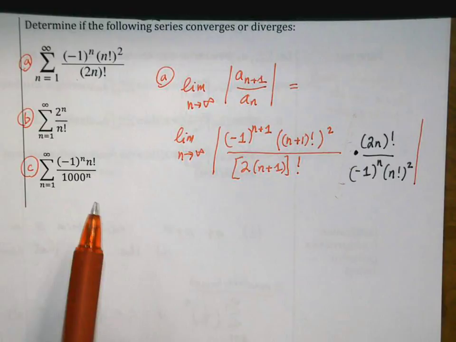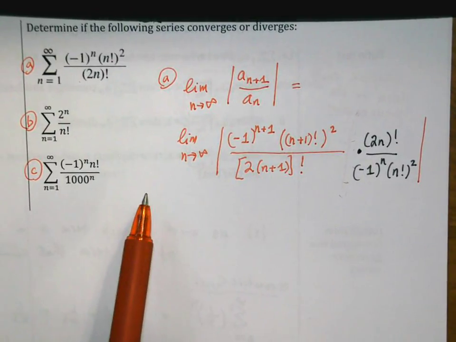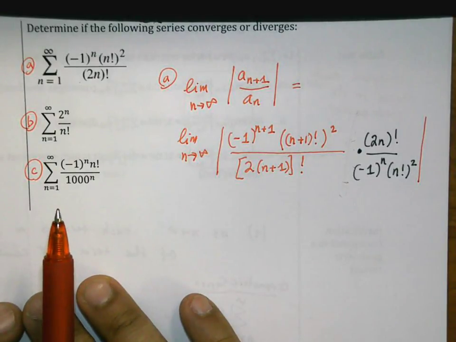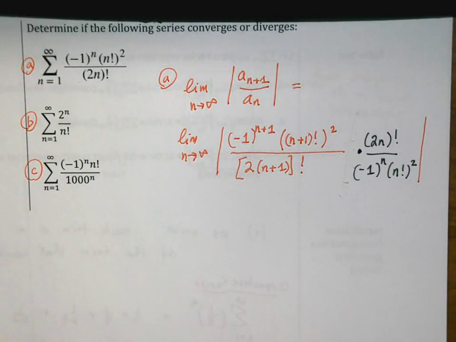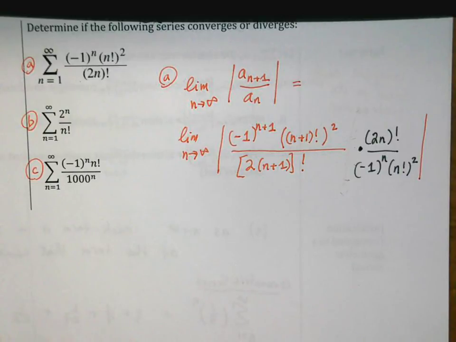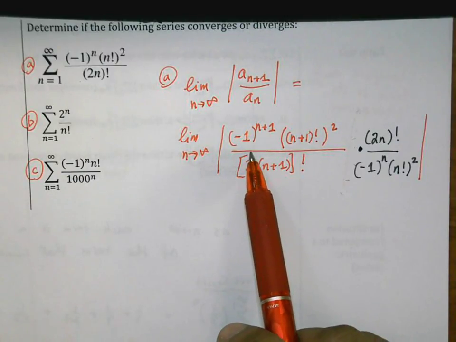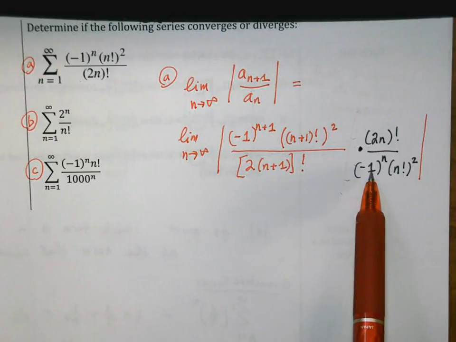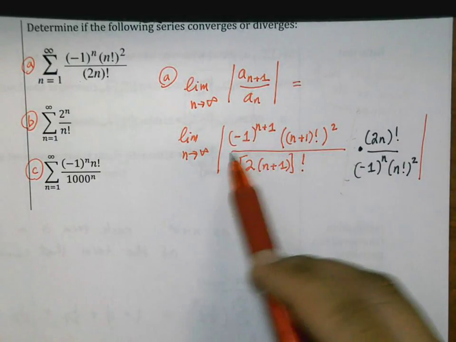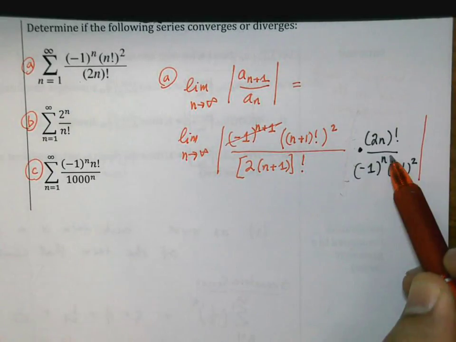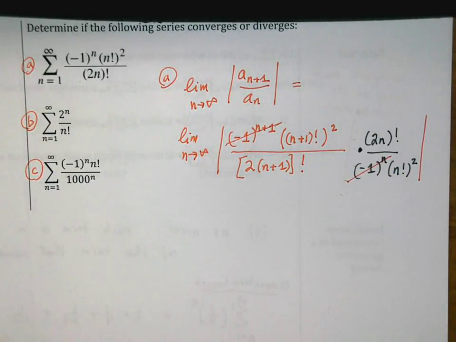And now we want to know what's going to happen to this limit as n approaches infinity. You can see that this is quite convoluted, but there's a lot of canceling and simplification that we can extract out of this. So the first thing is the negative 1s. They do not matter at all because of the absolute value symbol. They cancel each other out here and there, but because of the nice absolute value symbol, we don't care at all about the negative 1s to the n or the n plus 1. Okay.